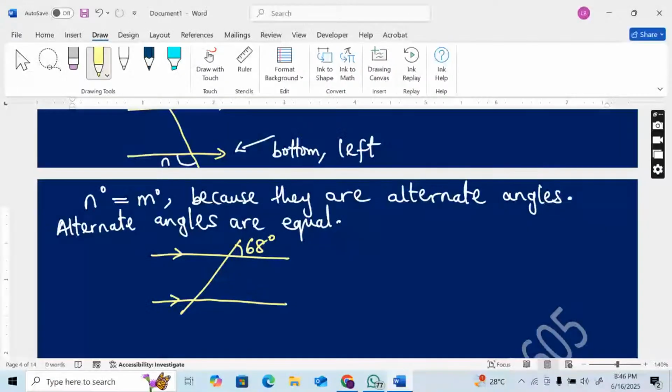The white angle, of course, is corresponding, but we need to look for the alternate angle. 68 degrees on the right side and on top of the parallel line. Go to the second parallel line on the left side at the bottom of the parallel line. So this angle will also be 68 degrees. That angle is alternate to 68 degrees.